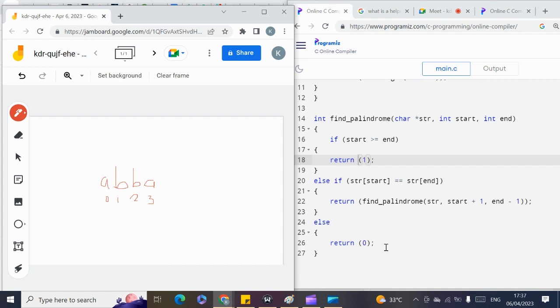And for ABBA, because we need to count the length or the positions of the characters, we represent them by ints, which are the start and then the end. So if start is greater or equal to end, return one.